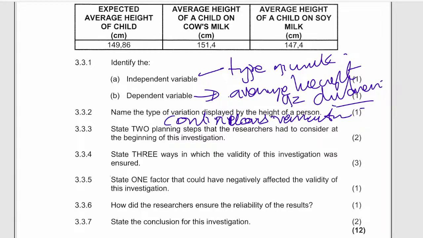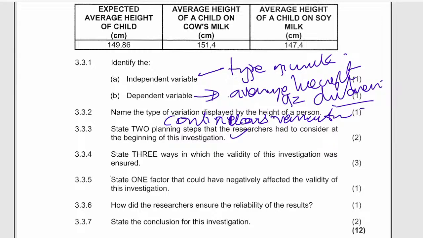Yes. Set 2, planning steps. If you talk about the planning steps, basically you select the number of children, and ensure that the children have the same age, same race, same gender. Make sure that you select a large number of individuals, a large number of children, you understand?